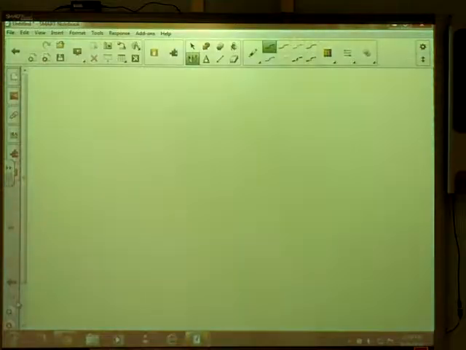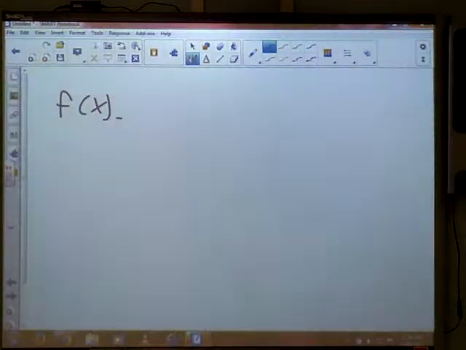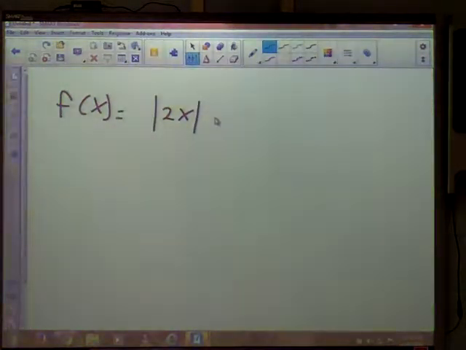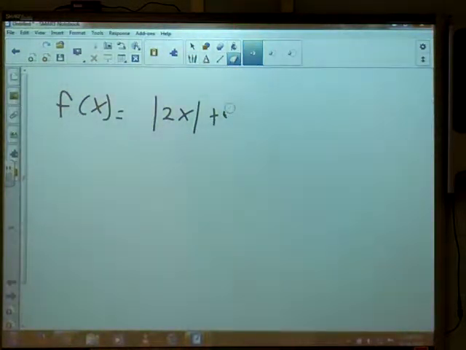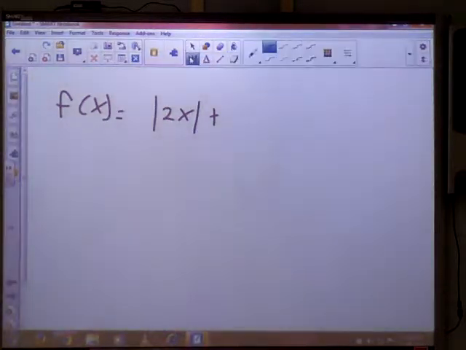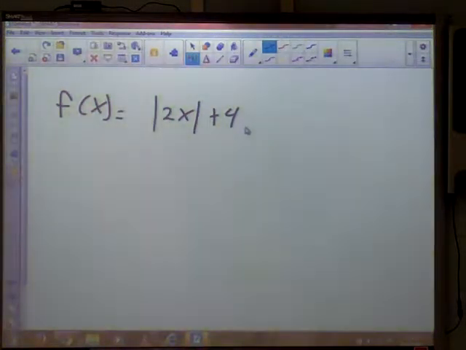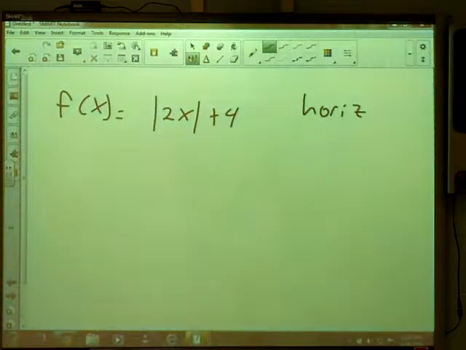Let's look at f of x is equal to the absolute value of 2x, and then we got a plus 4. We are going to do a horizontal shrink with a factor of 1/2.